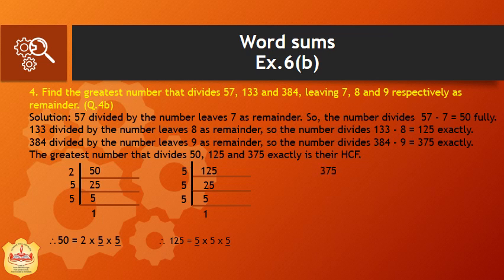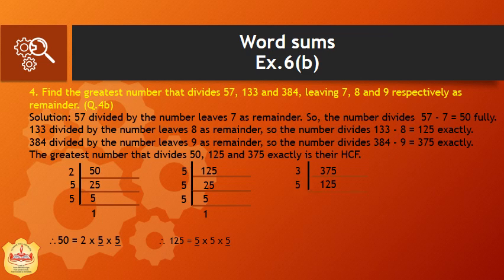Now let's come to the next number, that is 375. So 375 is an odd number. It cannot be divided by 2 but it can be divided by 3 completely. So let us divide it by 3. When we divide 375 by 3, we get 125 as the answer. Now we will divide 125 by 5 because it cannot be divided by 2 or 3.